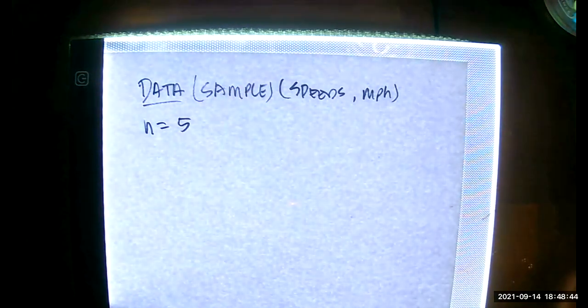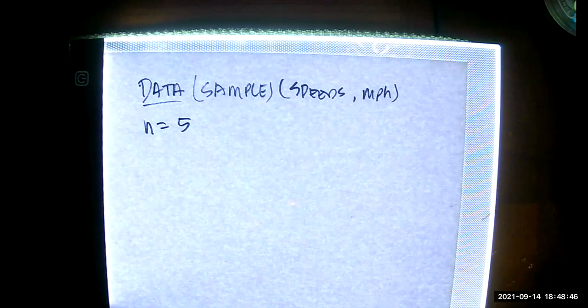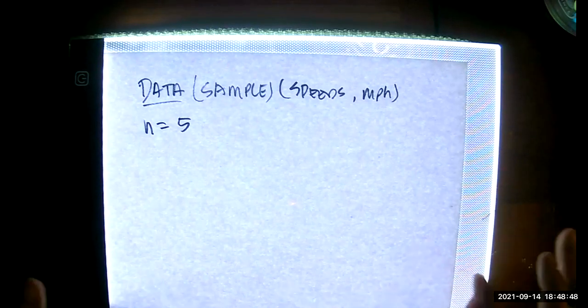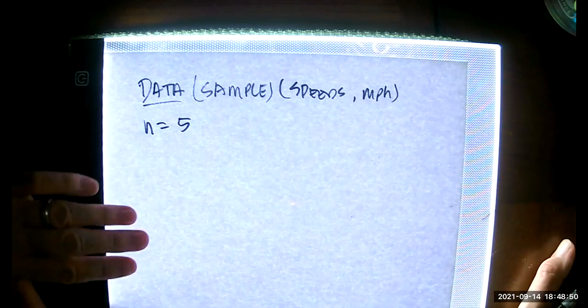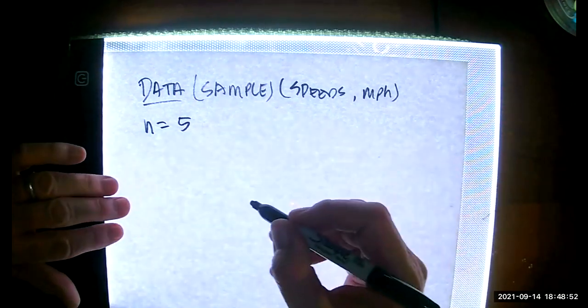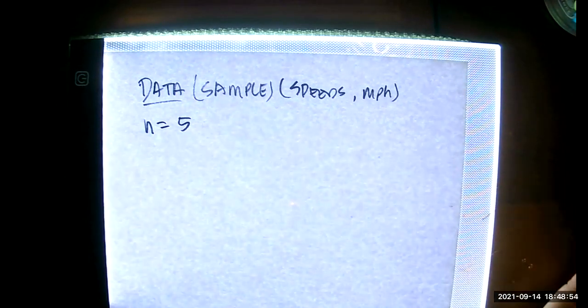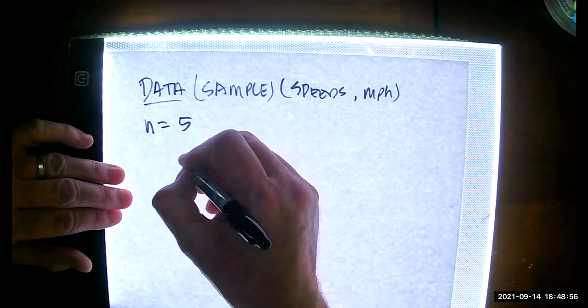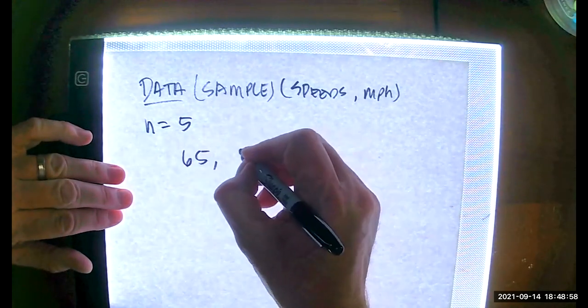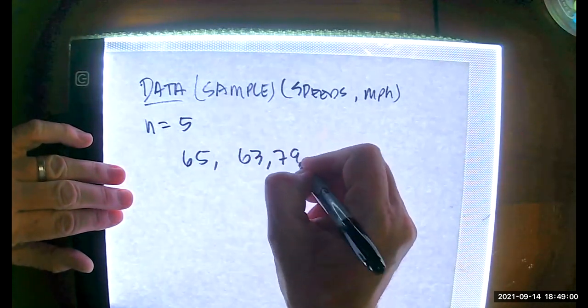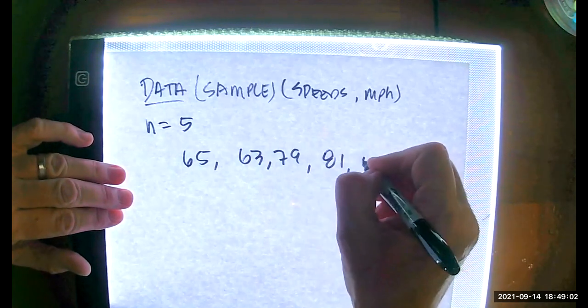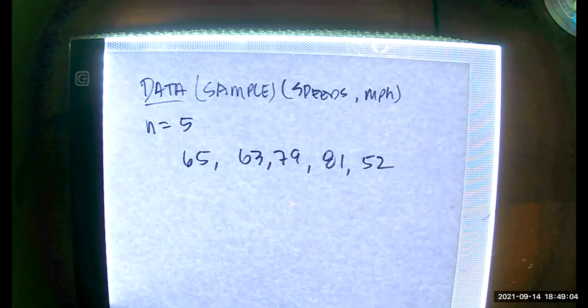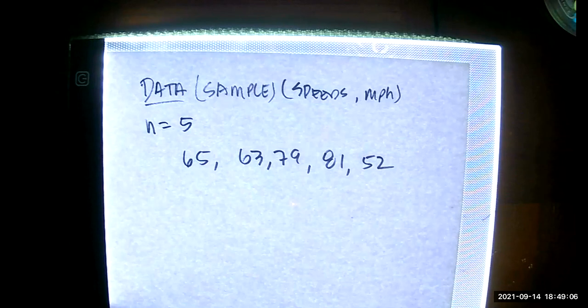I want the first example to be very reasonable because eventually I'm going to come back here and talk about that ugly formula. So here are my 5 speeds. It's a simple random sample for all intents. And there we go. So 1, 2, 3, 4, 5.